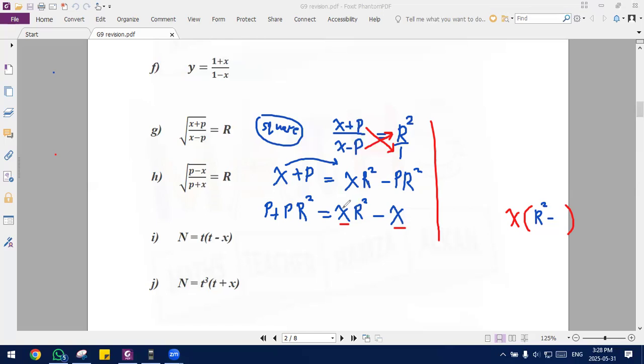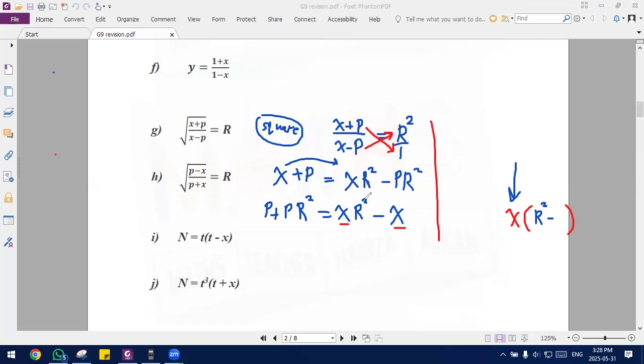Because I have x here and x here, I decided to take x as a common factor. So we put x outside, open a bracket, and we divide everything by x. So you did correctly.